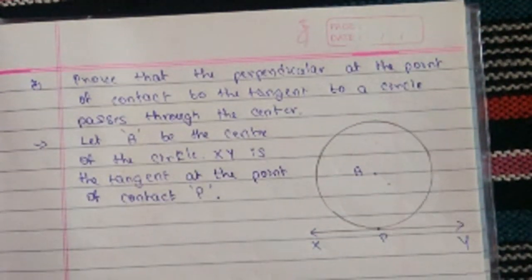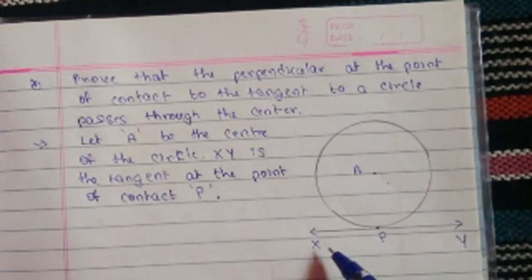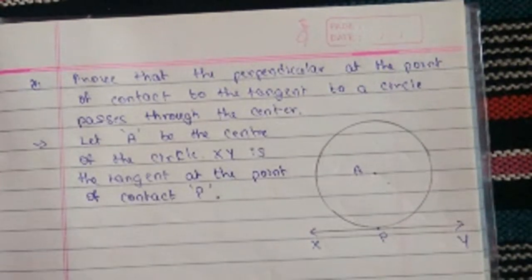Next, what do we have to prove? We have to prove the perpendicular which is drawn to the tangent is passing through the center of the circle.